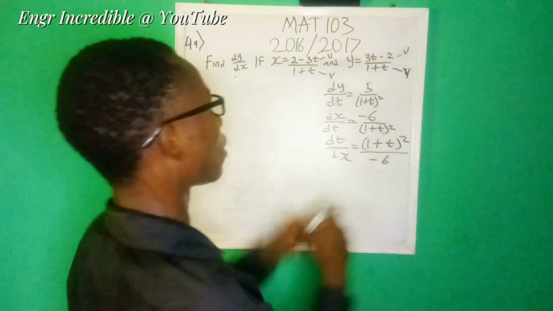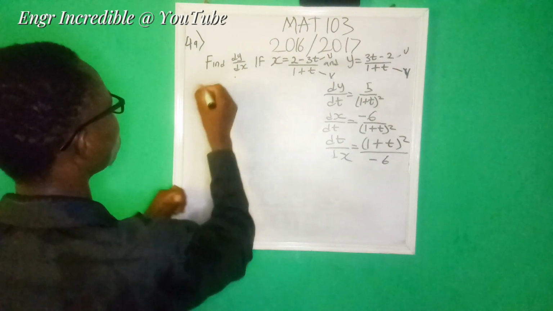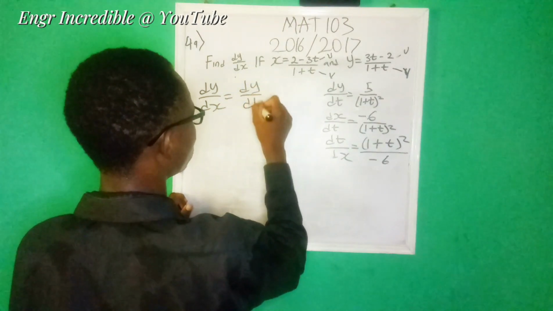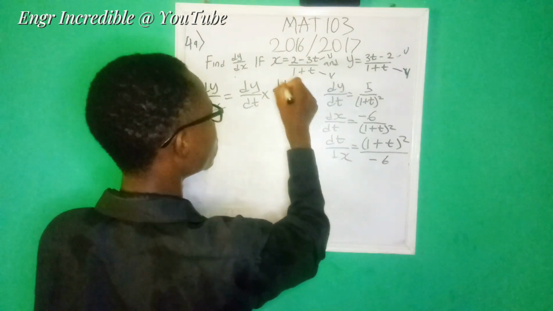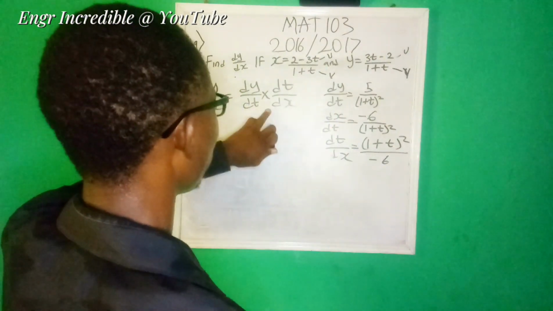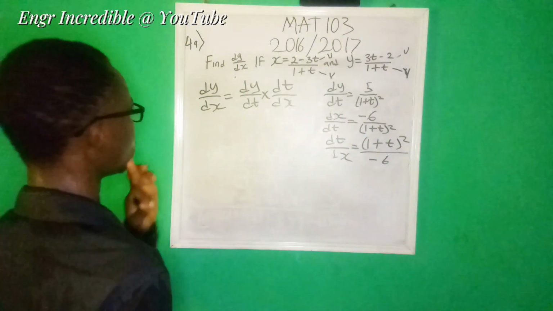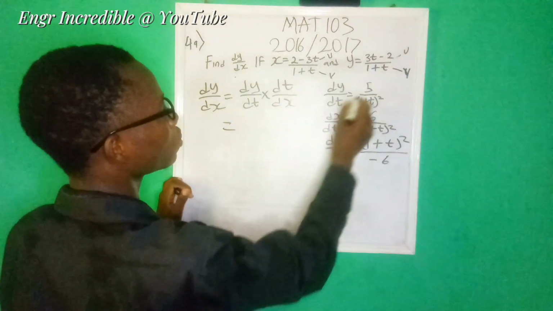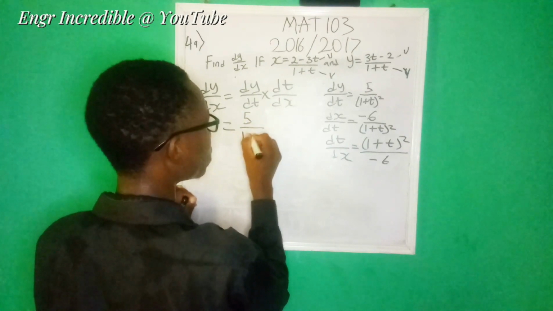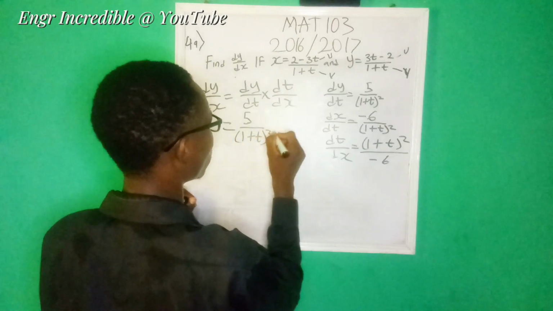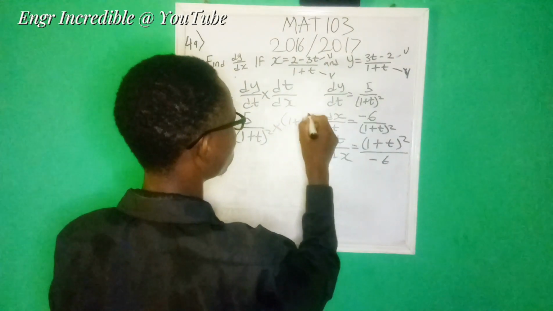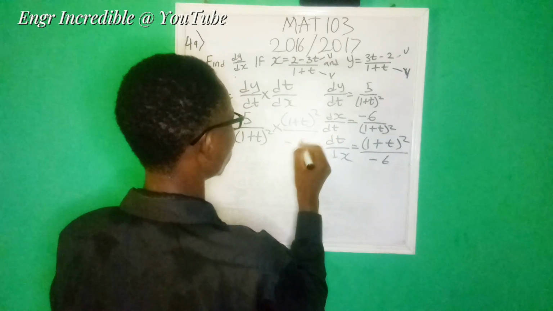So what we just have to do is use our formula that I wrote that states that dy dx is equals to dy dt times dt dx. So here we have our dy dt here as this, and we have our dt dx as this. We multiply them together. Dy dx is equals to dy dt here, which is 5 all over 1 plus t all square, times dt dx here is 1 plus t all square all over minus 6.